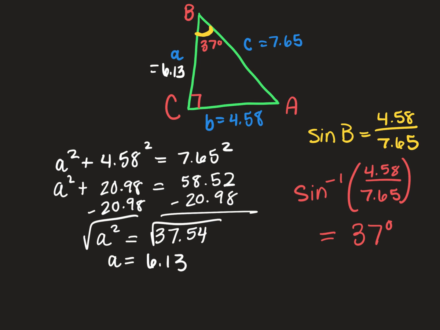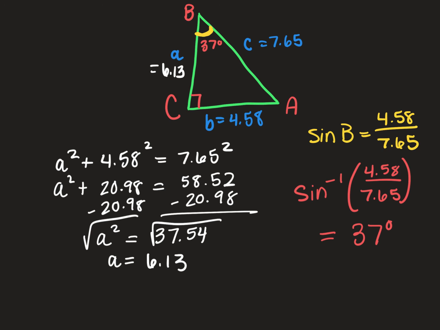Now, what can we do to find angle A? I said for angles to go ahead and round to the whole number just because it's easier to work with. Because now we're going to subtract from 90, right? Because once you have one angle, you can subtract from 90 to find the other.